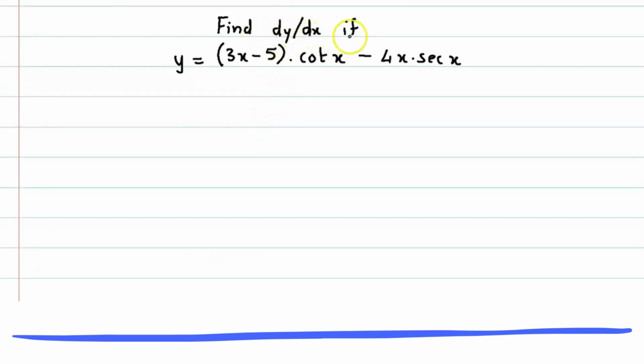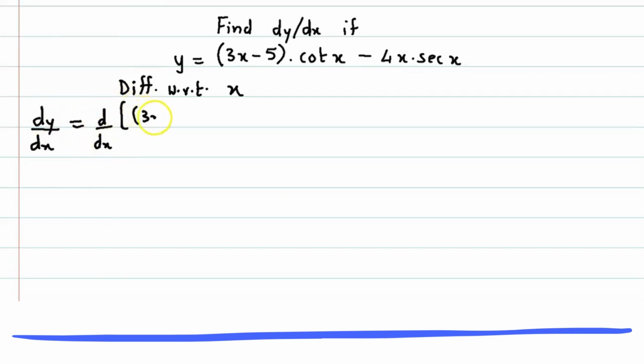Find dy by dx if y is equal to 3x minus 5 into cot x minus 4x into sec x. So differentiating with respect to x, we have dy by dx is equal to d by dx of 3x minus 5 into cot x minus 4x into sec x.